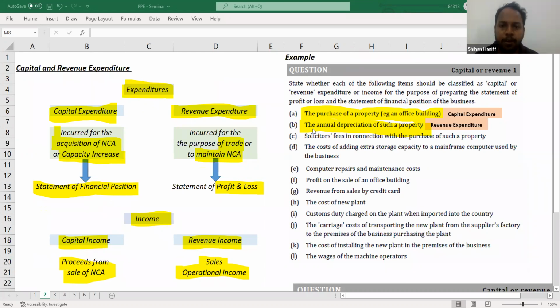Right. Can you all tell me for the third one, solicitor's fee? Solicitor's fee means the legal fee, legal fee in connection with the purchase of such property. What is the answer? Is it capital or revenue?